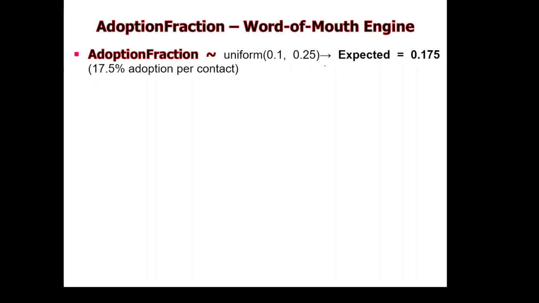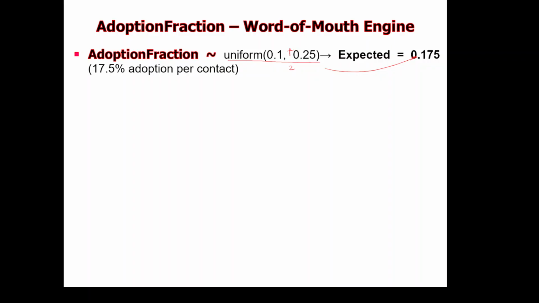This is given by the adoption fraction, and in this model we have assumed it to be uniform from 0.1 to 0.25. So it can take any value from 0.1 to 0.25, uniformly distributed. Any value is equally possible. But for the sake of discussion, we will take an expected value by adding these two and dividing by 2. So an expected value can be 0.175, or 17.5% adoption per contact.